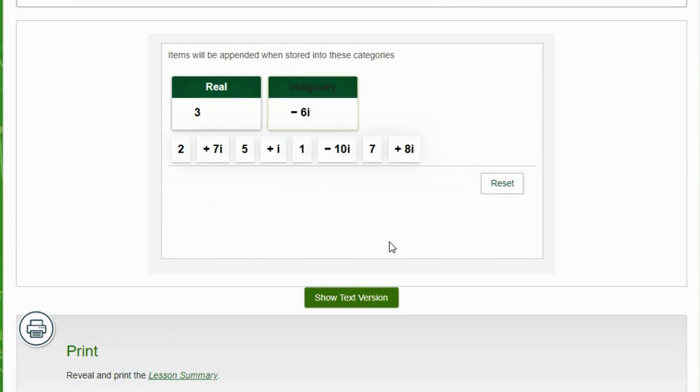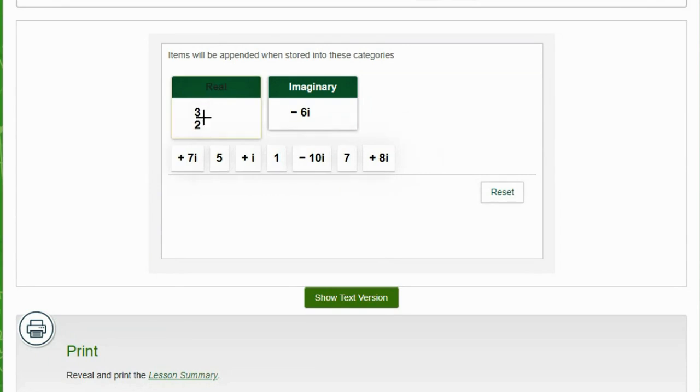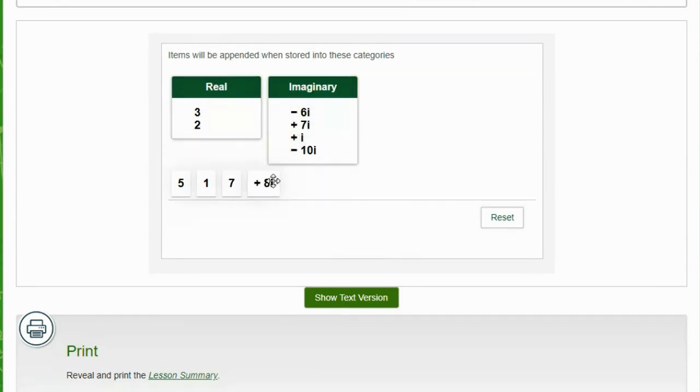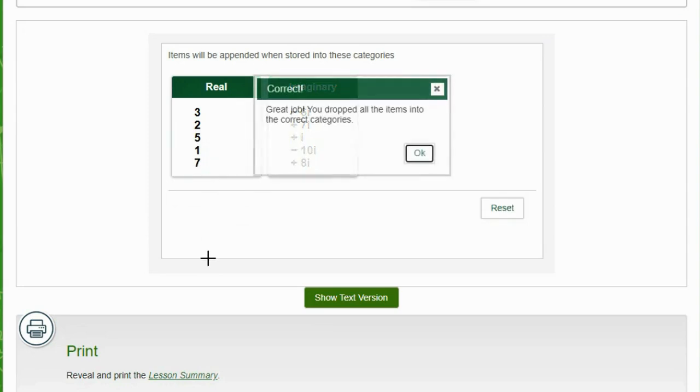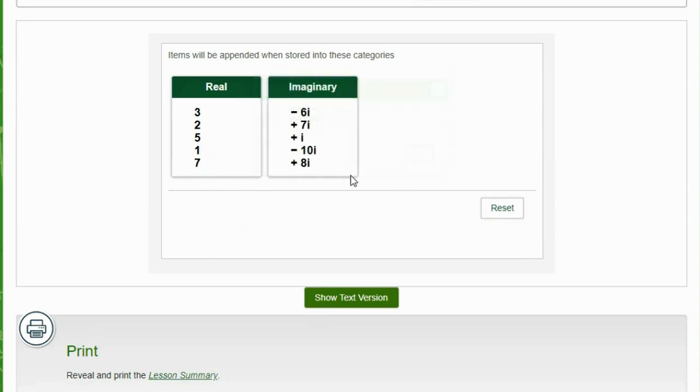We've never counted with -6i. That's an imaginary number. 2, 7. Anything with an i is going to go over here, right? Because that's not real. Anything that doesn't have an i, that's the real part of the number. Don't make that hard. That is really that easy. It is really, really simple to know which part of the number is real and which part's imaginary.